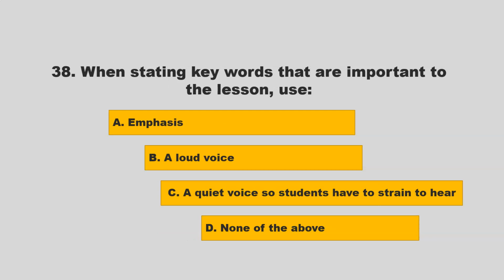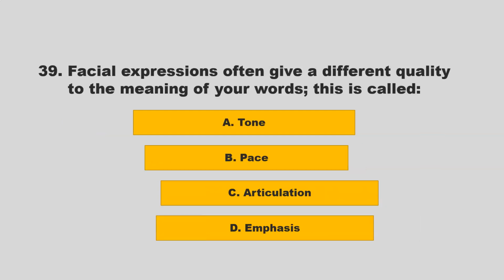When stating key words that are important to the lesson, use emphasis, a loud voice, a quiet voice so students have to strain to hear, none of the above. If you chose A, emphasis, you are correct.